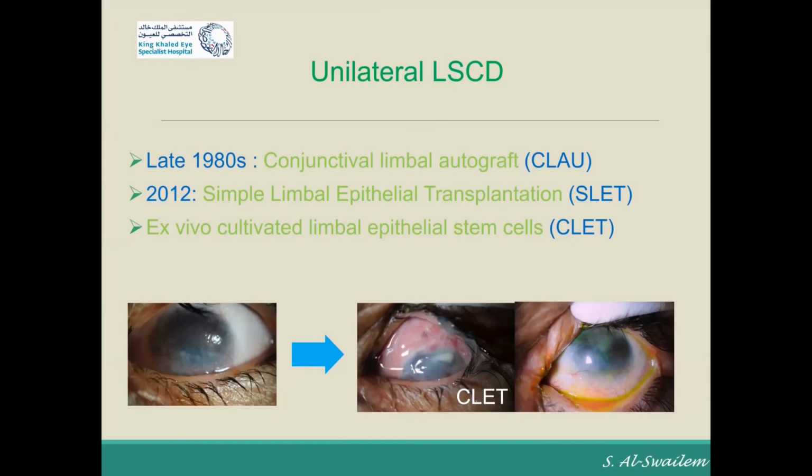The other one is that you can use the simple limbal epithelial transplant. This procedure is called SLET. Or you can use the ex vivo cultivated limbal stem cell, the cultivation on the amniotic membrane or other surfaces.